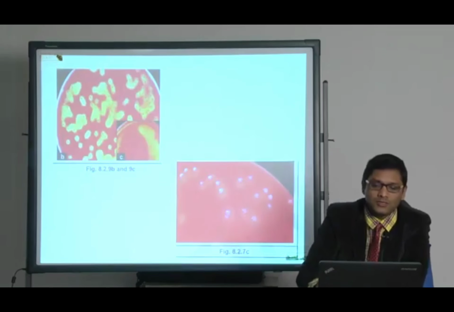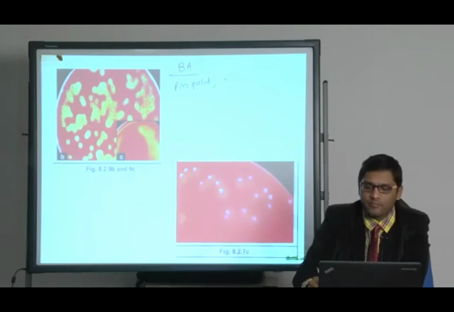Similarly, Streptococcus pyogenes on blood agar shows a pinpoint colony surrounded by wide beta hemolysis. This has to be differentiated from Staph aureus, which is a pinhead colony surrounded by narrow hemolysis.